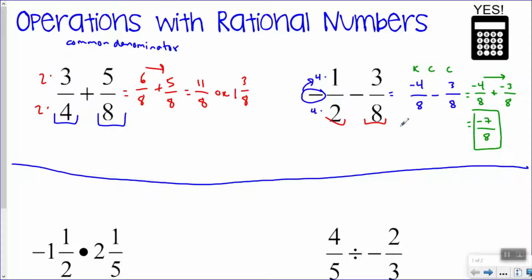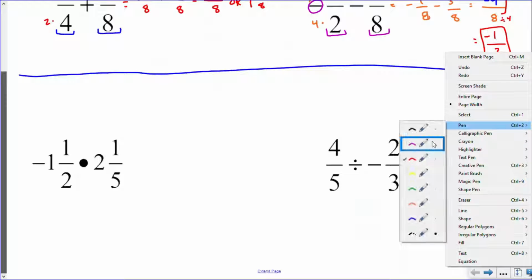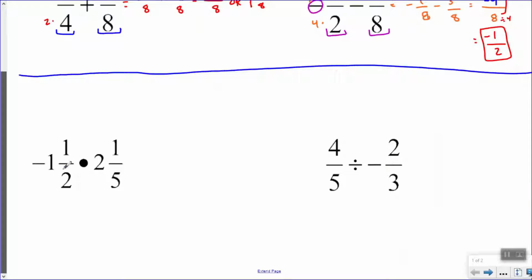For both addition and subtraction, we had this idea of the common denominator. I'll try to star that. When we move down into multiplication and division, we're not going to need that common denominator anymore. In order to multiply, we can't have any mixed numbers. So I have to take this value and turn it into an improper fraction. To do that, I'm going to set my negative aside and know that I'm just going to be dealing with a negative fraction.